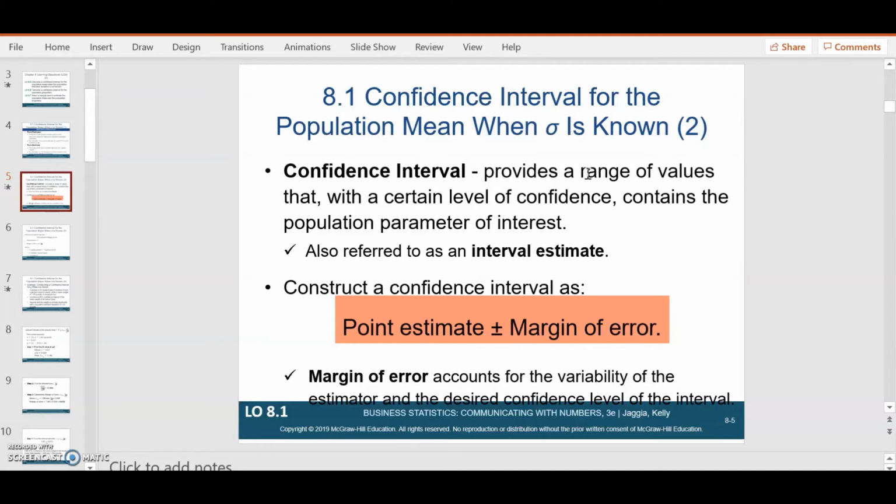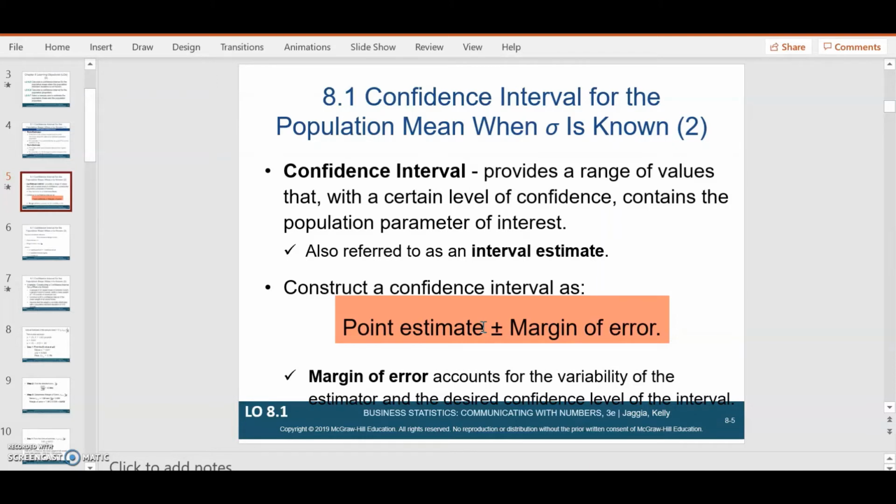So in order to construct a confidence interval, we have to use this formula. In the formula, we have two components. Number one is the point estimate. Normally, the point estimate can be the sample mean or sample proportion.